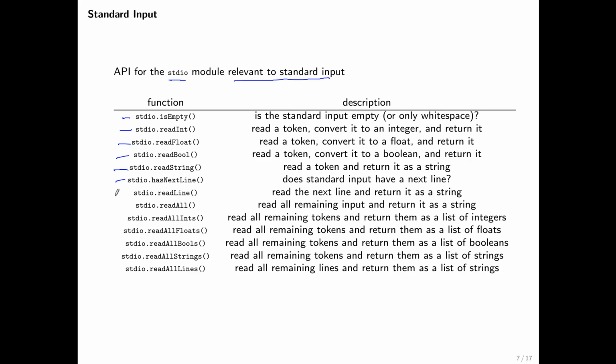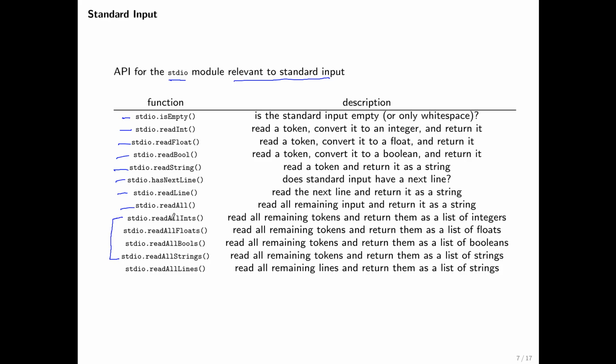And if there is one, you can read it using this function stdio.readLine. And then you can use this function here to read everything from the input stream as a single string. And then you can use these to read several integers, floats, bools, or strings from standard input. And when you use these functions, the values are returned to you as a list.